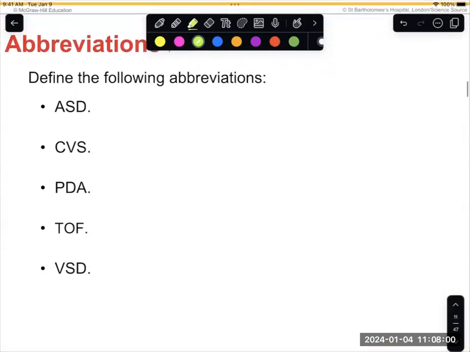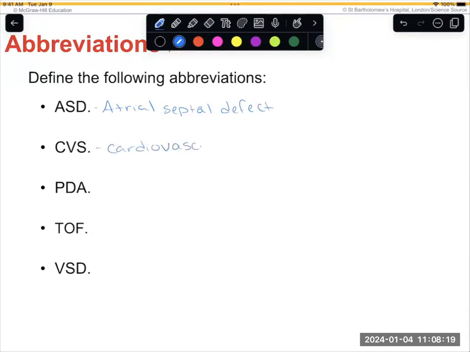So let's look at some of these different abbreviations here. ASD is atrial septal defect. CVS is cardiovascular system.